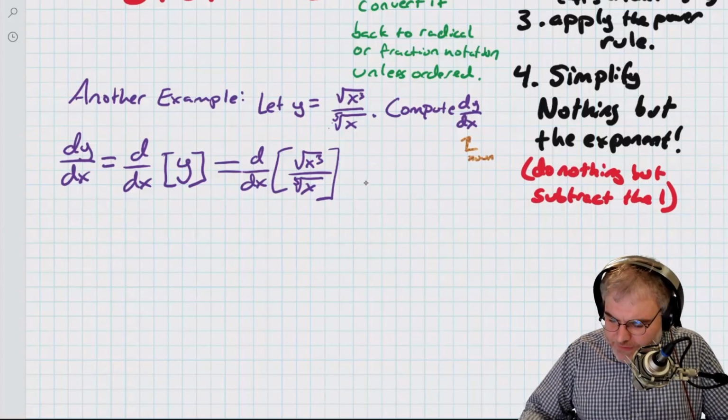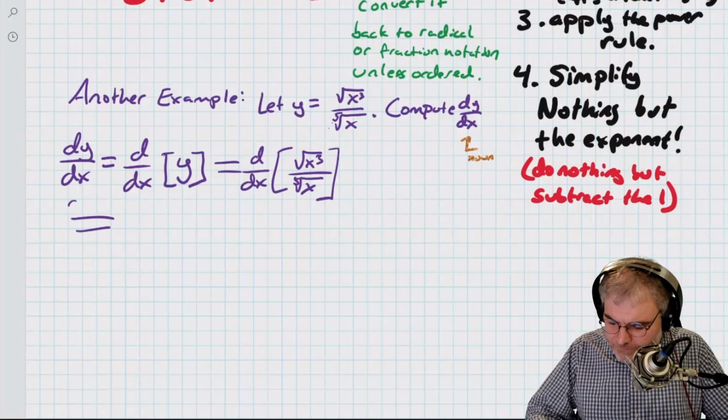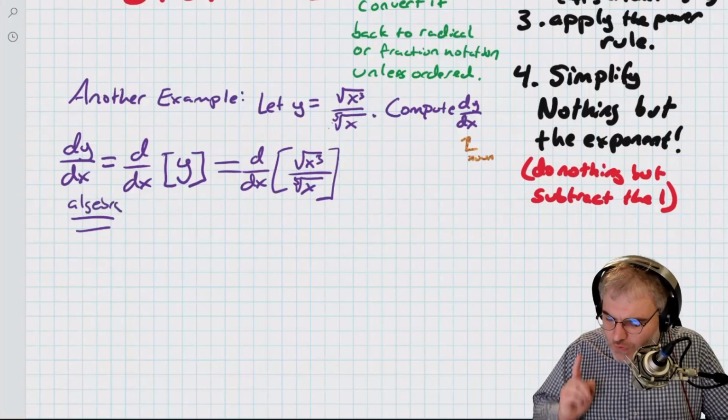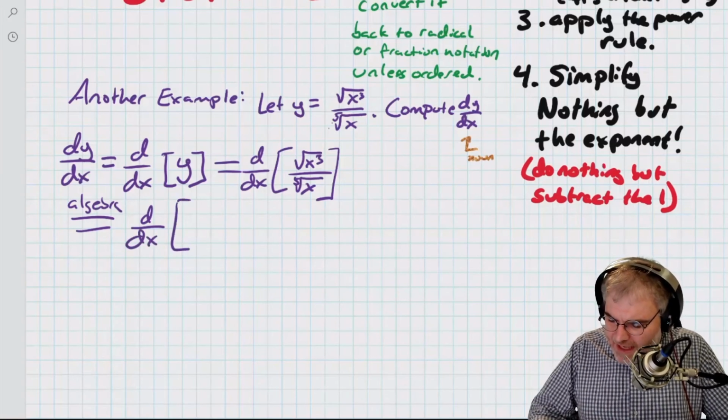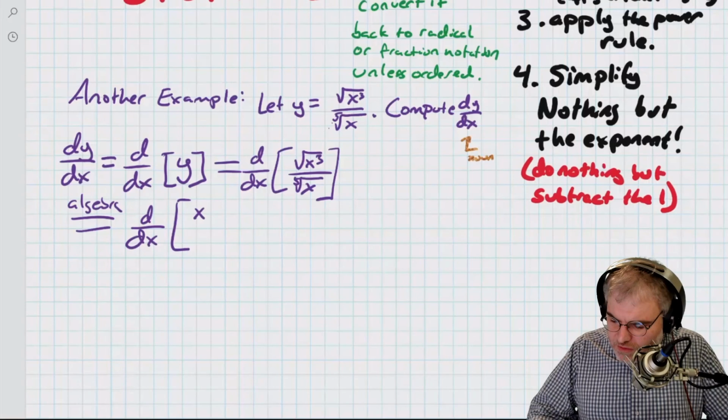I'm actually going to put this on the next line. This is only algebra. d over dx. No derivatives have been evaluated. The square root of x, remember there's a little 2 in here implicitly.